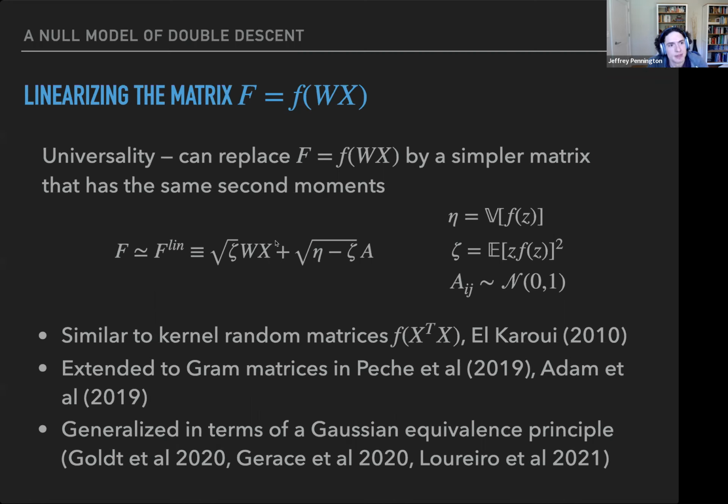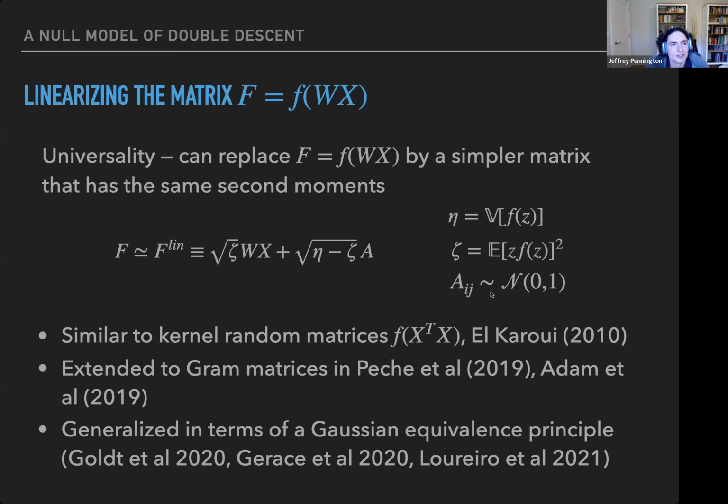So you choose some matrix F-lin and you design it so that it maintains the low order correlation structure of F. Computing up to the second moment, you can confirm that if you choose the constants in the right way, this linearized matrix has the same low order correlation structure as F. Here A is just some auxiliary random Gaussian matrix.